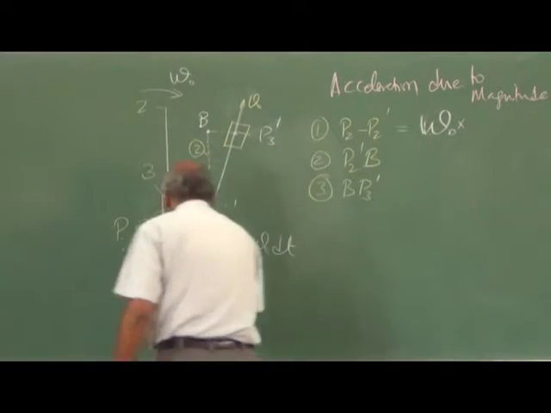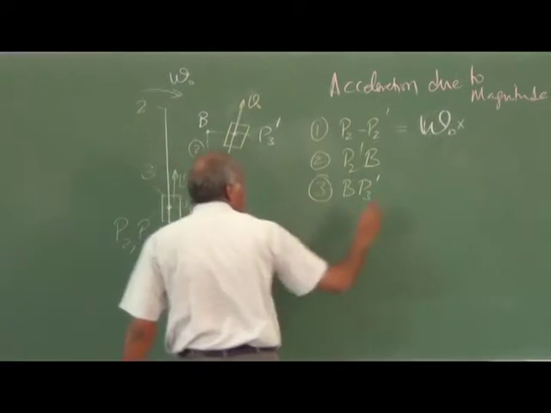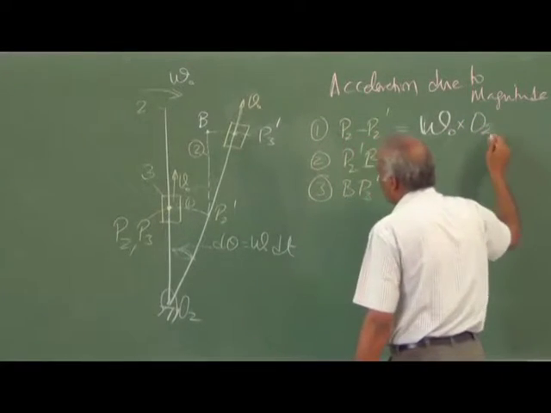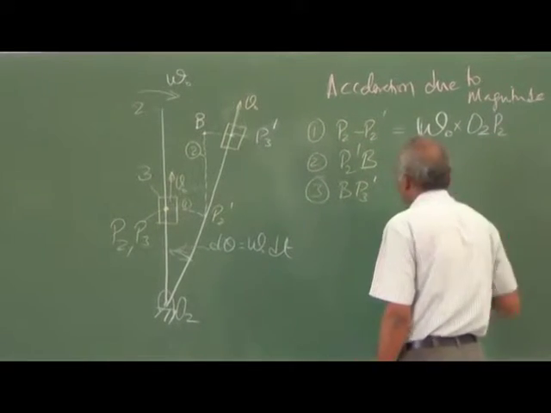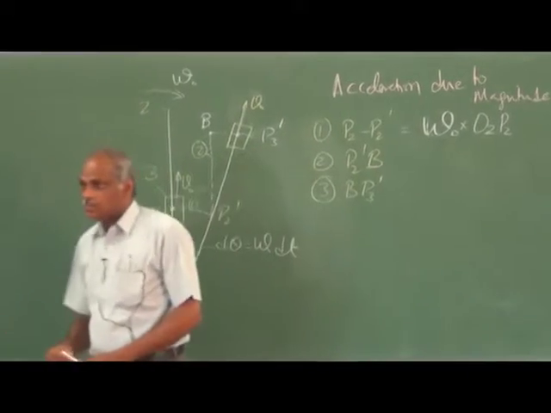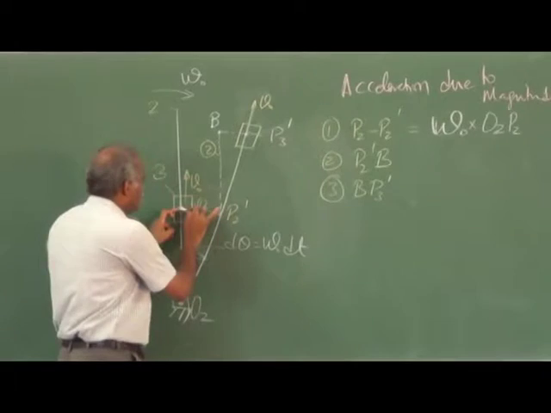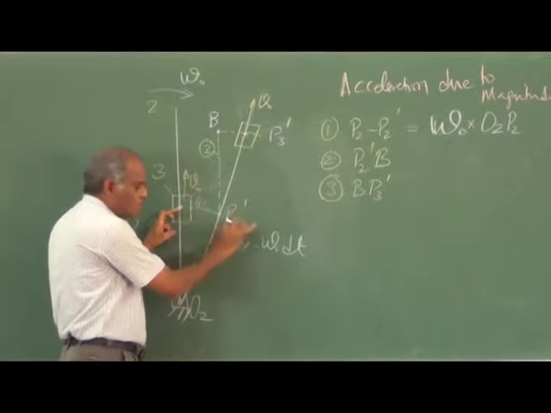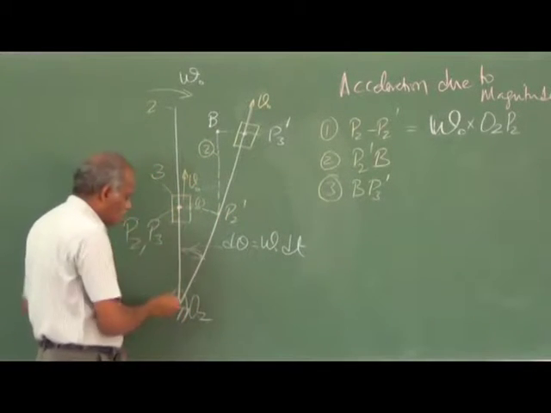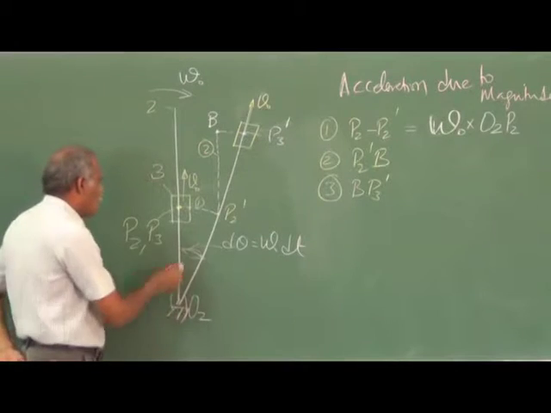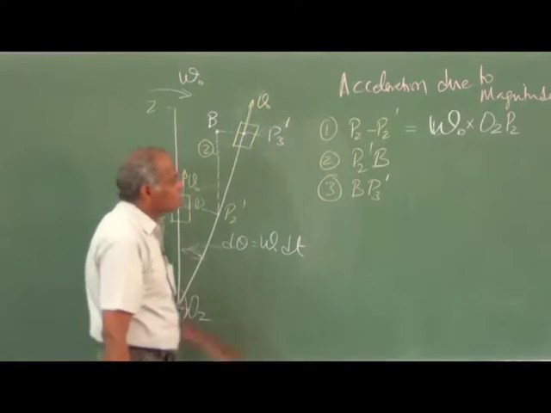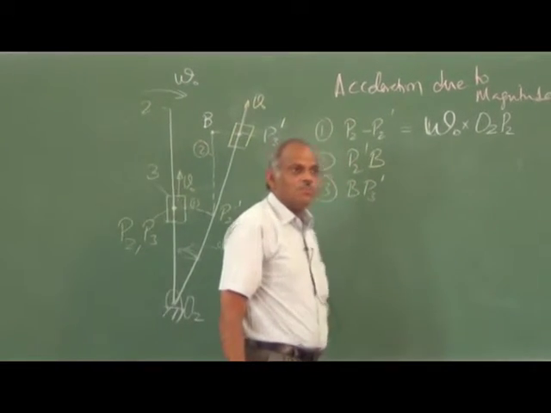Suppose I say this is O2 P2. The velocity of this point is given by this radius, O2 P2, and omega 0.